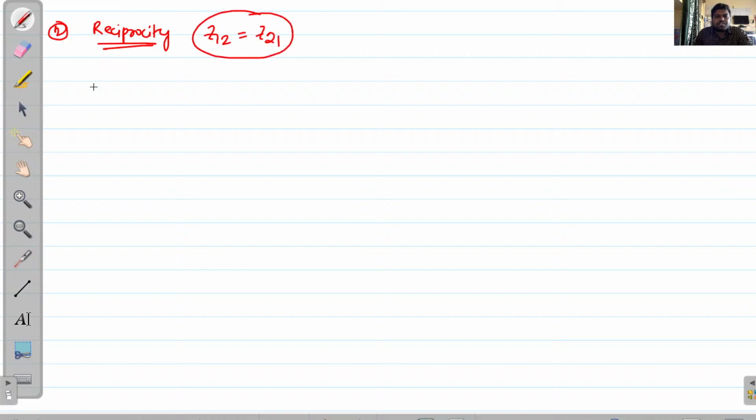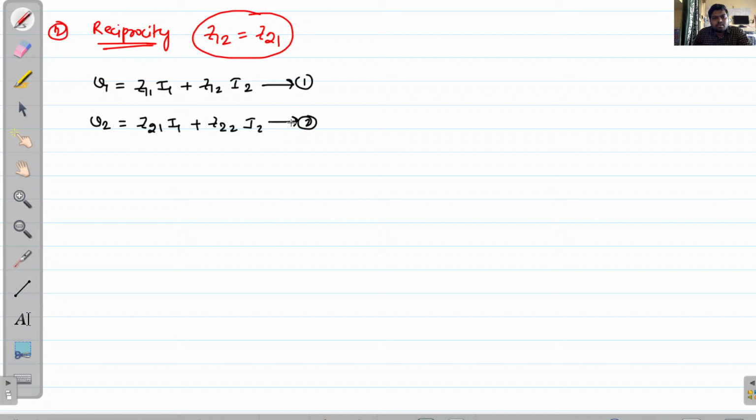This is our condition. First you can take the Z parameters, that is V1 equals Z11 I1 plus Z12 I2, and V2 equals Z21 I1 plus Z22 I2. These are the expressions, this is equation number 1 and this is equation number 2. For example, I am taking this as a two-port network.